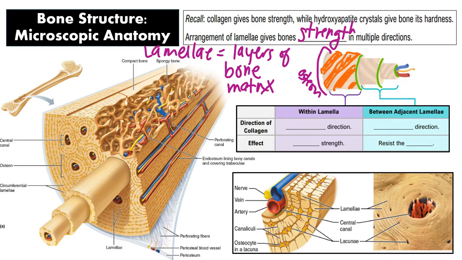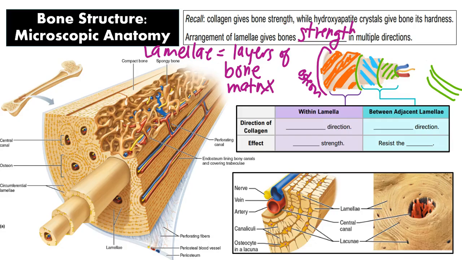So I see collagen fibers here. I see collagen fibers here. Okay. And finally, I see collagen fibers going in another opposite direction here. So think about it. One layer is going to be swooping collagen fibers this way.